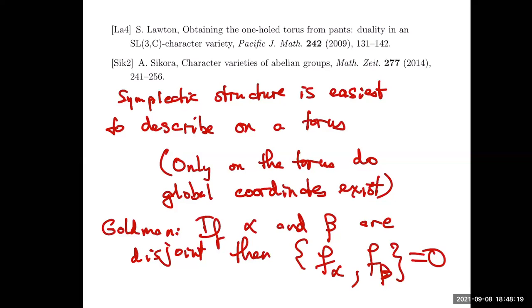Often the representation spaces are smooth, but in some cases the group action has stabilizers, in which case you get points where the quotient is not smooth. When you're talking about an open surface, then the fundamental group is free, and so the homomorphism space is nice. The difficulties arise when the conjugation action has stabilizers.